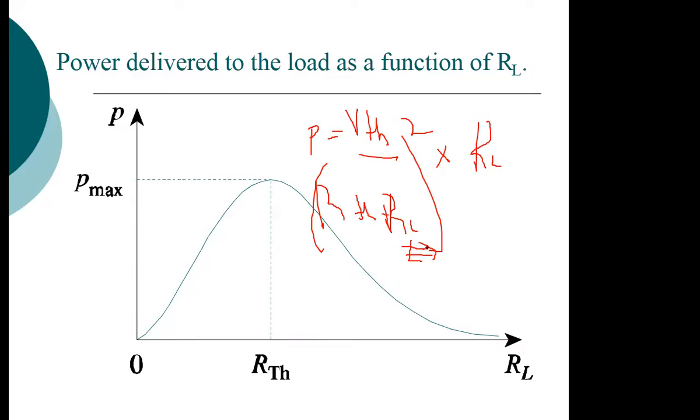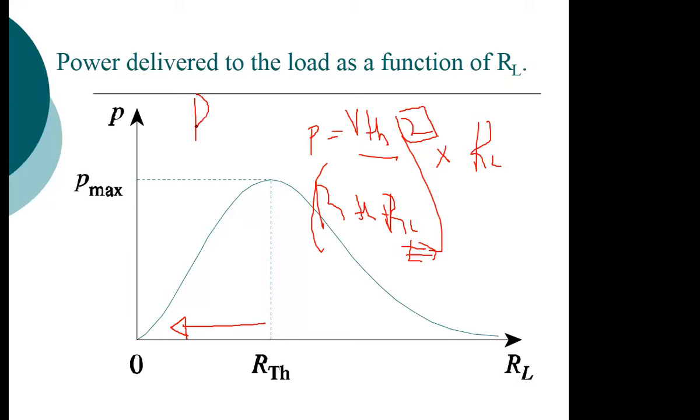So if you check it closely, since there's a squared term here, it means there's a value whereby as RL becomes smaller and smaller, the power delivered also becomes smaller and smaller.